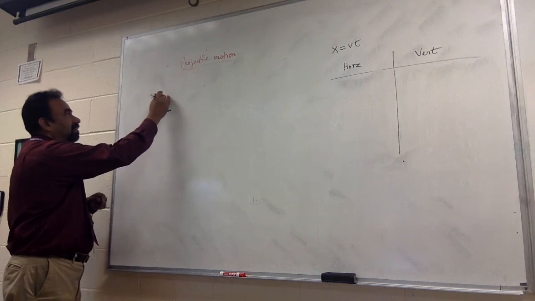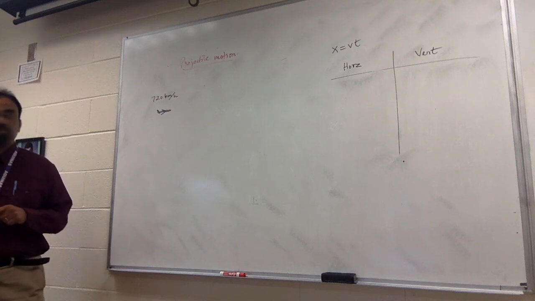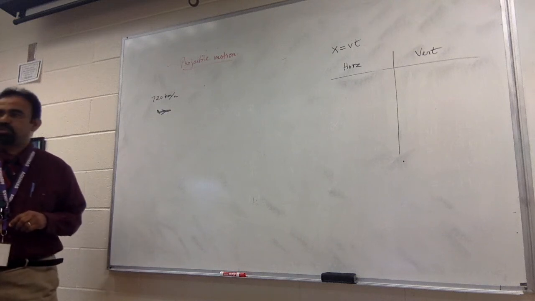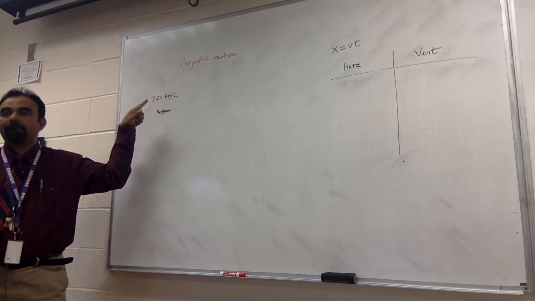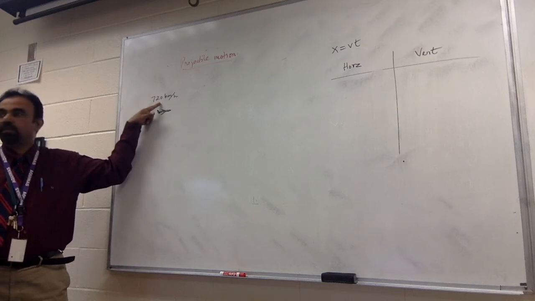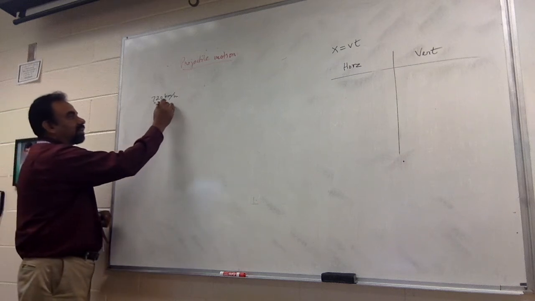It's a bomber flying at 720 kilometers per hour. What do you do first to change this to meters per second? Divide by 3.6. Just divide by 3.6, you get the answer. How much is that? 200?